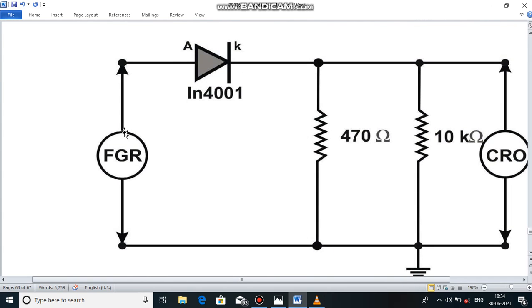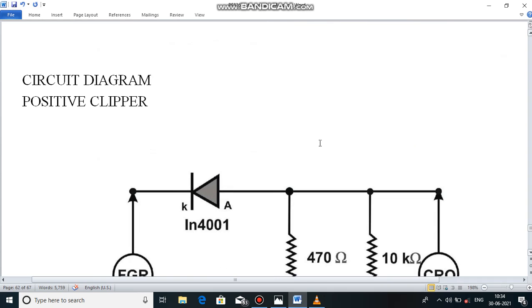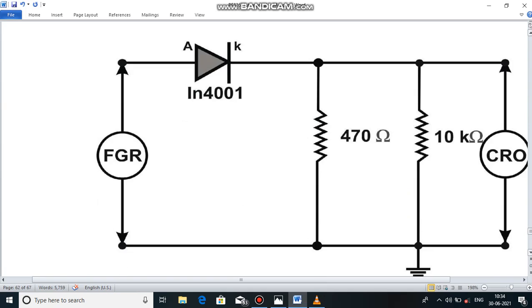Now it is placed in the normal direction, that is anode at the left and cathode at the right. In the previous case it is completely the opposite, that is cathode at the left and anode at the right. So the difference between the positive clipper and negative clipper is the placing of the diode, right?